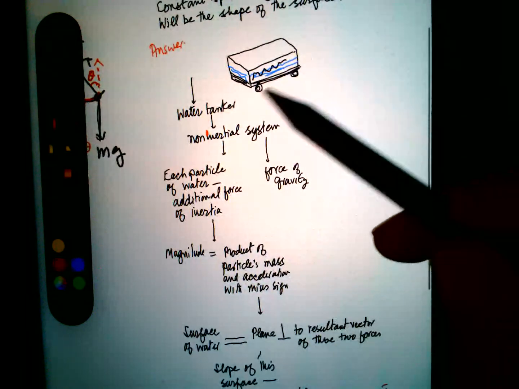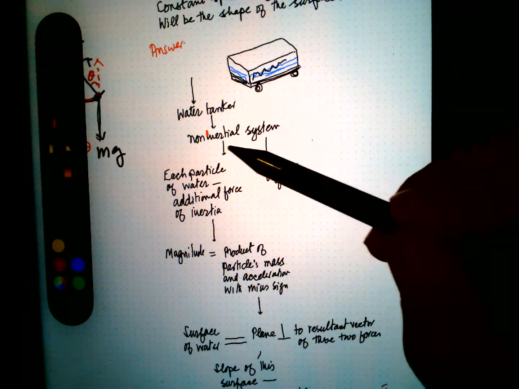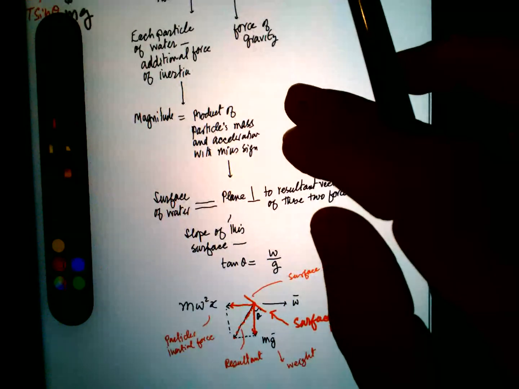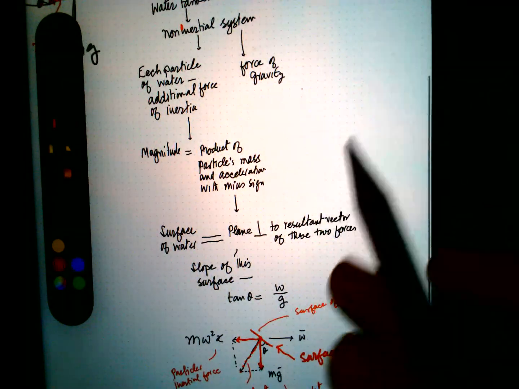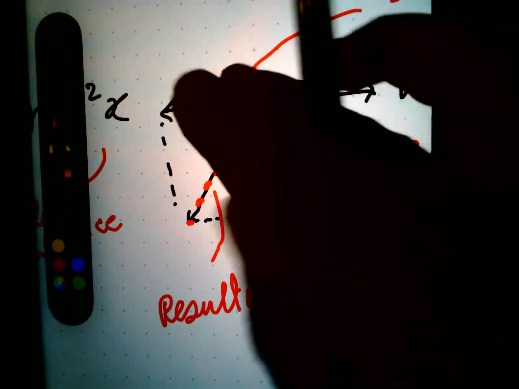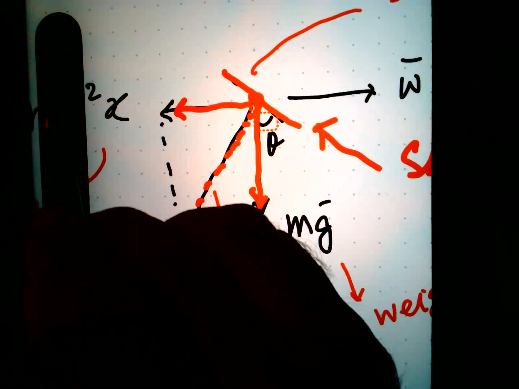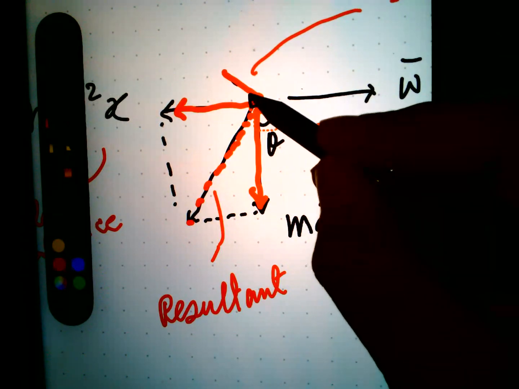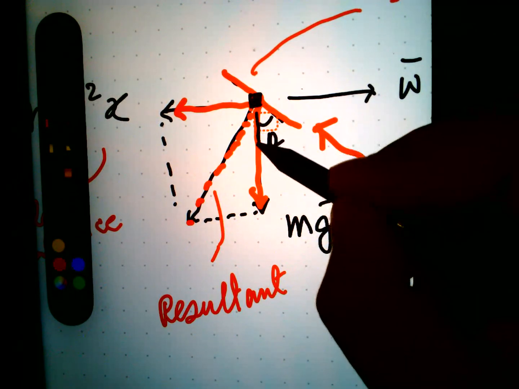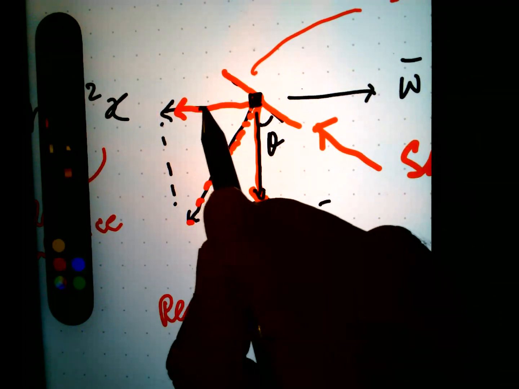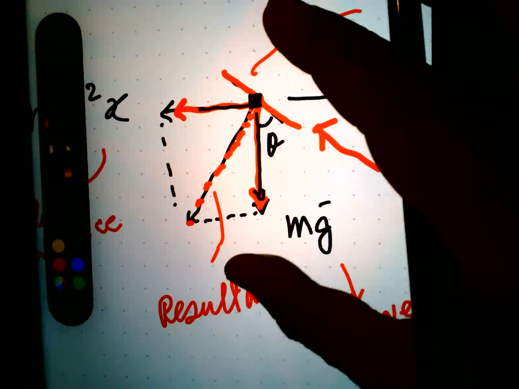Similarly, we can consider the water tank as a non-inertial system in which two forces are acting. Consider one water molecule as a particle, and this is gravity acting on it, and another force is acting on it.